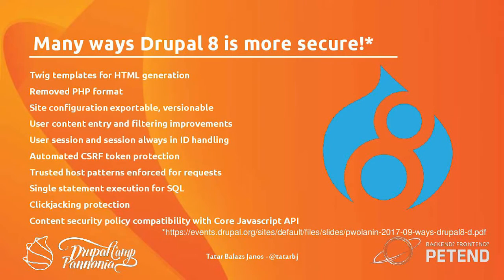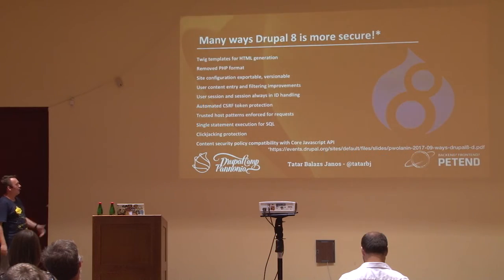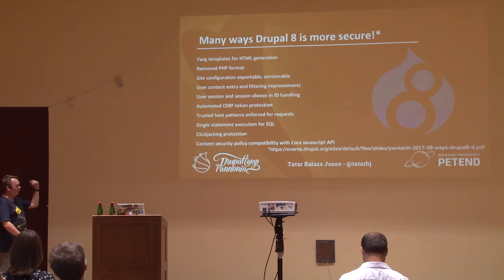Finally, we removed PHP format, which was a great achievement. I don't even know why we had that. Automated CSRF token protection, so we don't have to always manually implement it. We got single statement execution for SQL, so it cannot be that easily exploited via injections, and so on and so forth. Check it out.